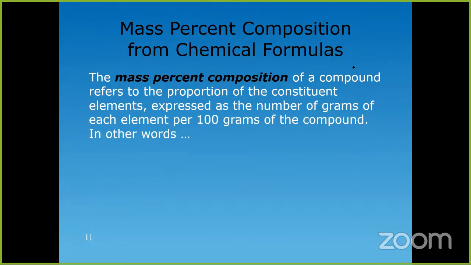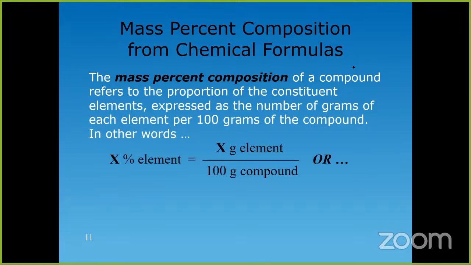Okay. Mass percent composition. Again, this is something that you should have covered from your previous chemistry experience. There are a couple of ways of defining it. Mathematically speaking, it's basically the percentage of an element compared to the entire mass of the compound.